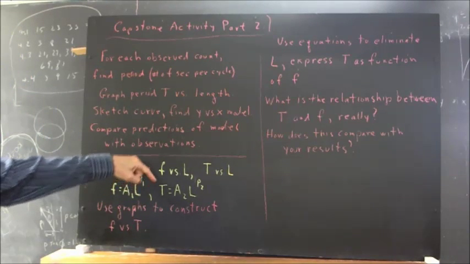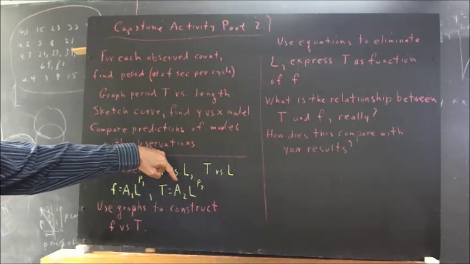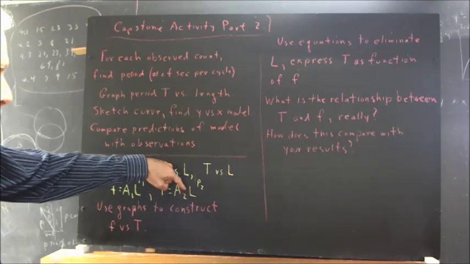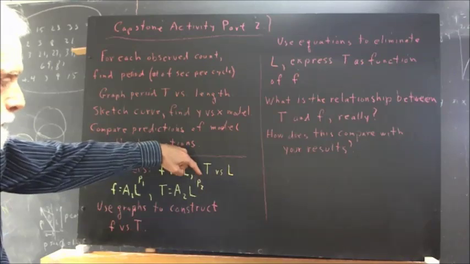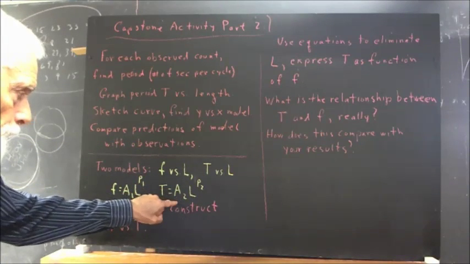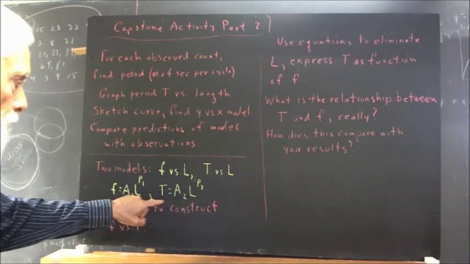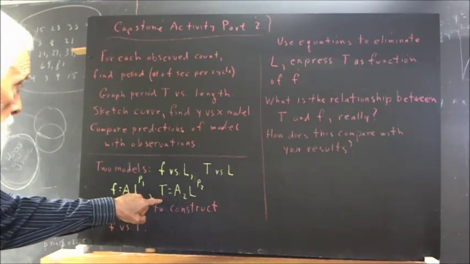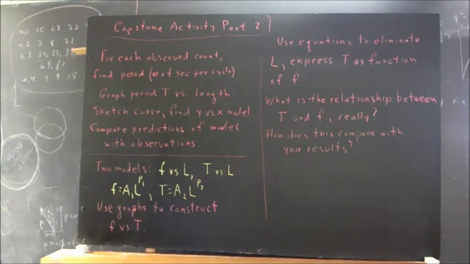And you're going to get a model of the form T equals, I'll call it a2, times L to the p2, where p2 is the power you found and a2 is the value of this constant that you got by using the length and the period on your graph.